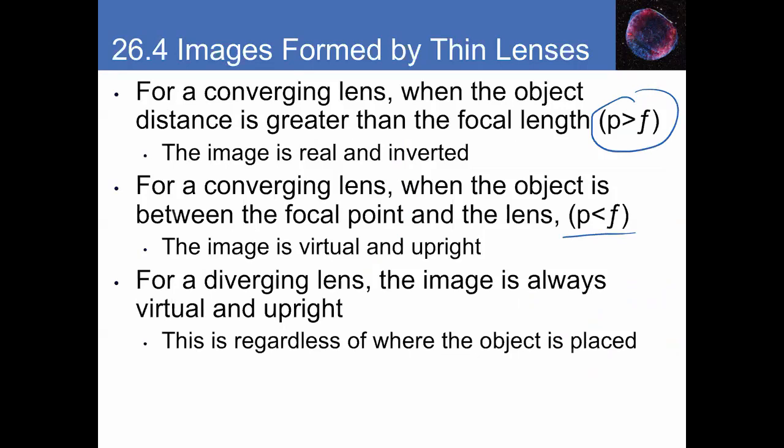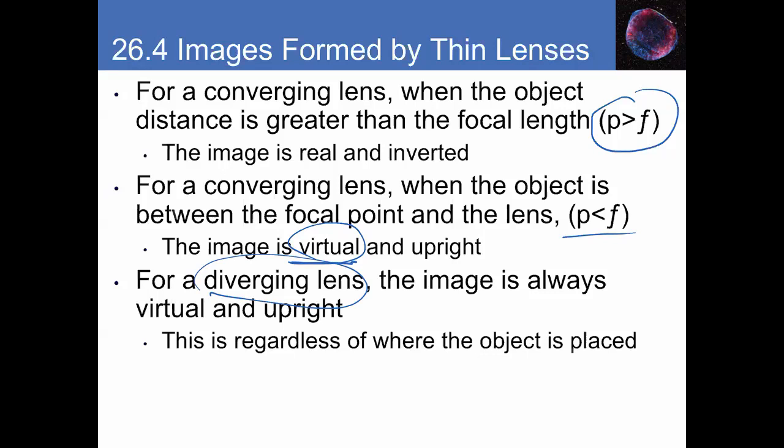So one important thing to understand is that a virtual image created by a converging lens is always going to be bigger compared to the virtual image generated by the diverging lens. For a diverging lens, the virtual image is always going to be smaller. So it's still virtual and upright, but smaller. The virtual image generated by the converging lens is virtual and upright, but always larger. That's how you know which one it is.